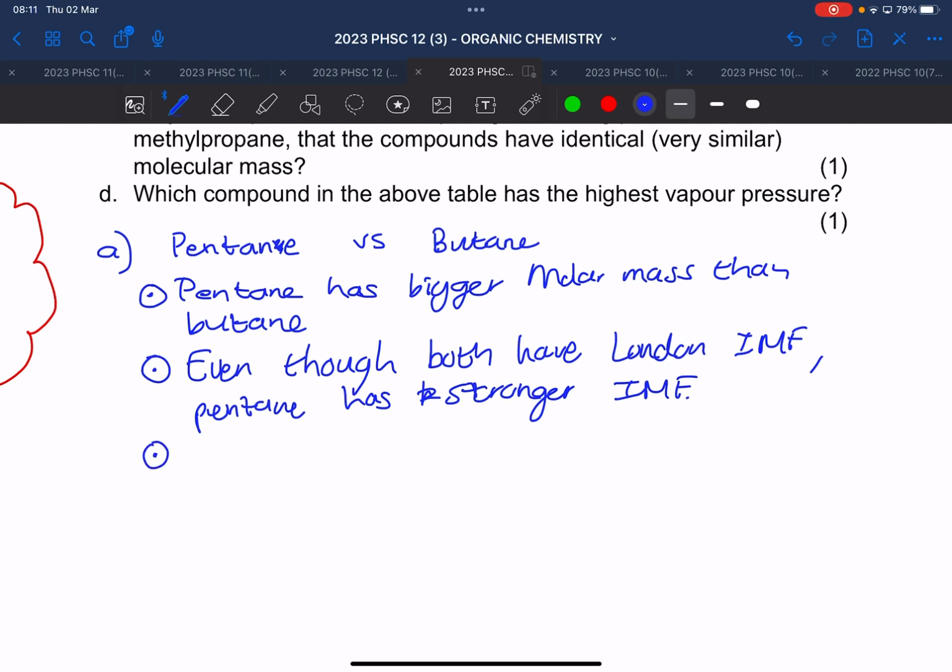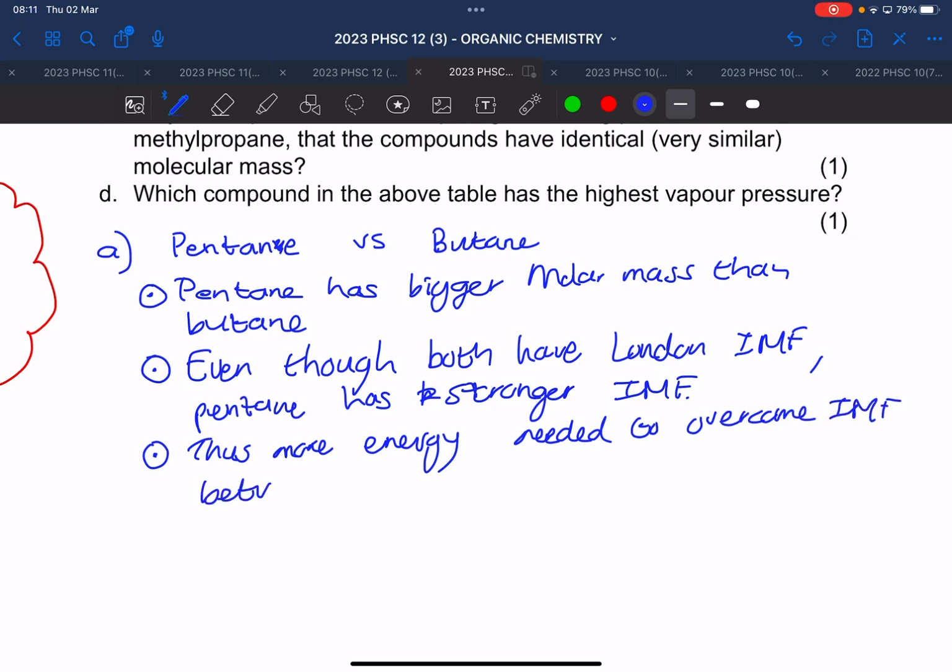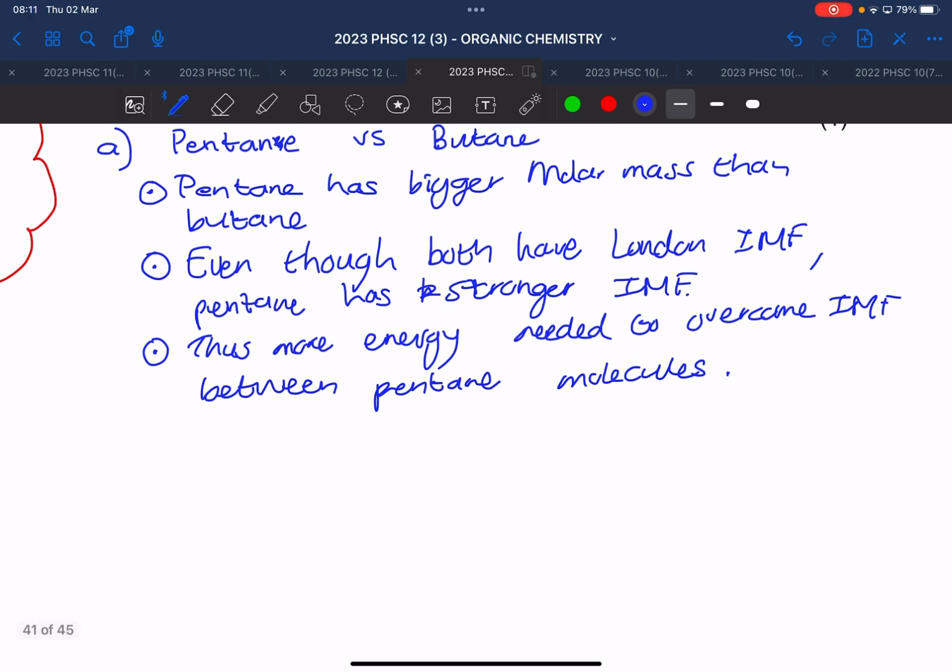Then that golden sentence regarding the energy. Thus, more energy needed to overcome intermolecular forces between pentane molecules. In that sentence, everything is important.